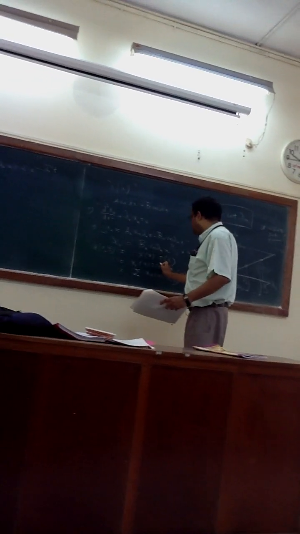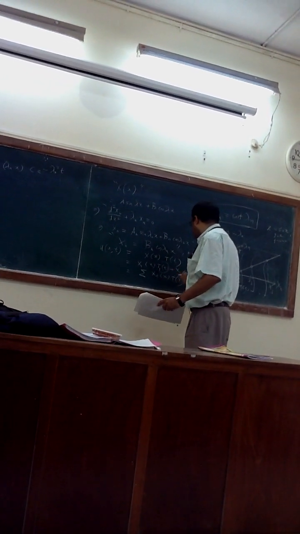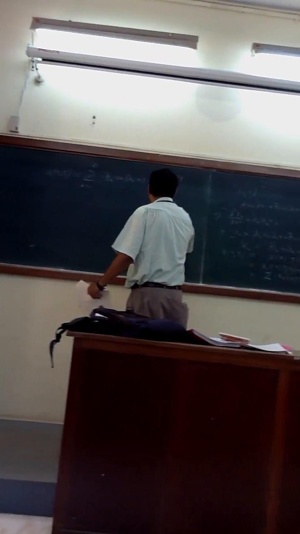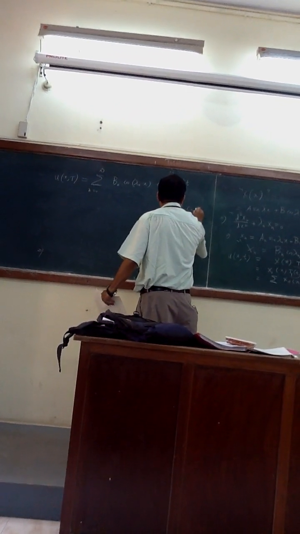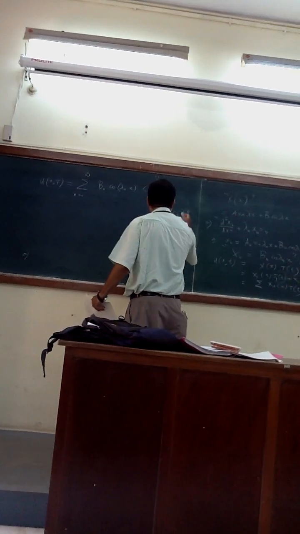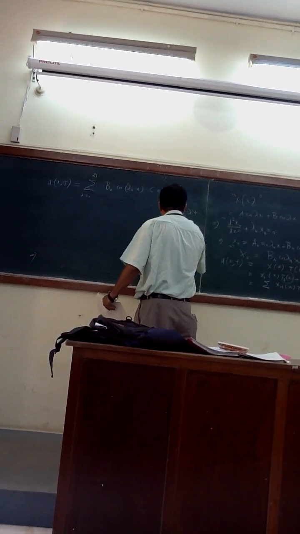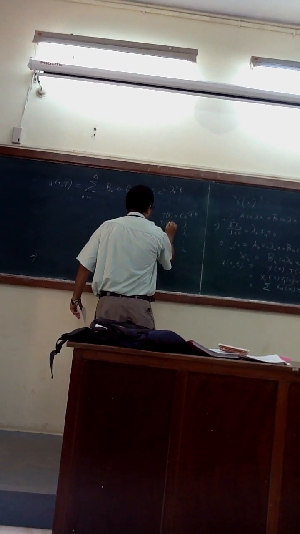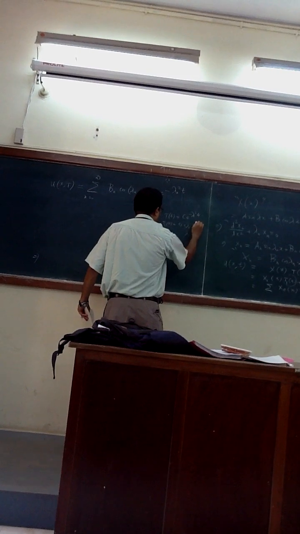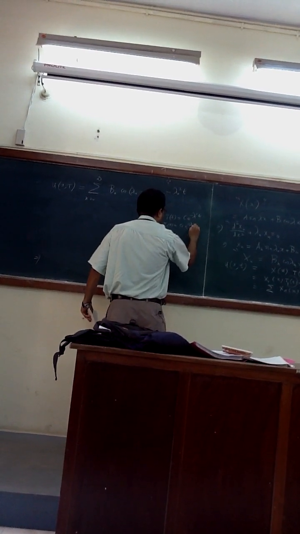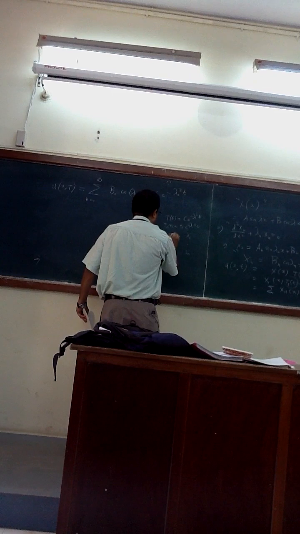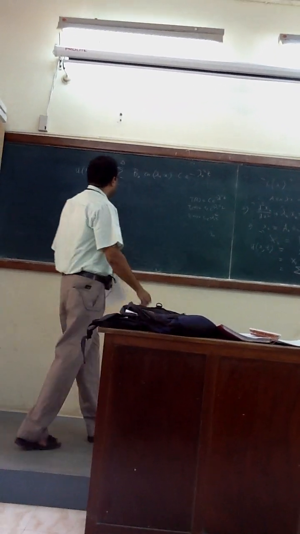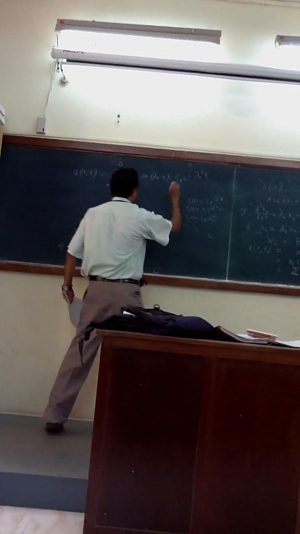So each of these will have T1(t), T2(t) and Tn(t). Remember that T(t) is given as c e to the power minus lambda square t, but there are different lambdas: lambda 1, lambda 2, lambda n. For each of these cases T1 will be changing, so T1(t) will be c1 e to the power minus lambda 1 square t, T2(t) will be c2 e to the power minus lambda 2 square t, and so on, so it will be cn.